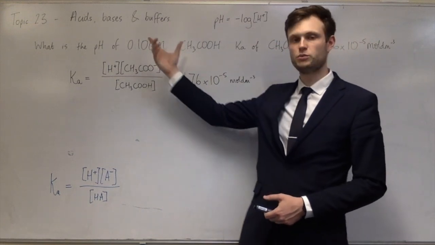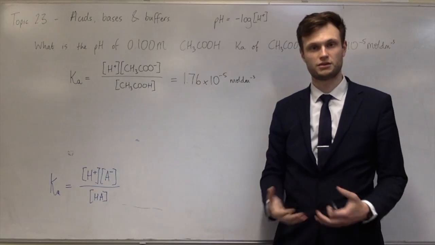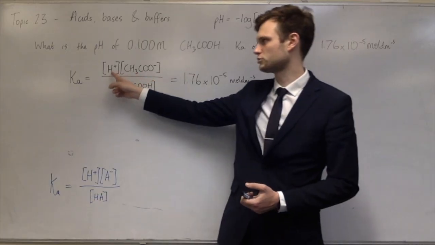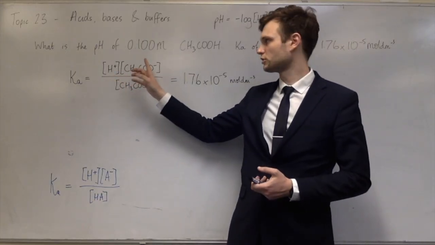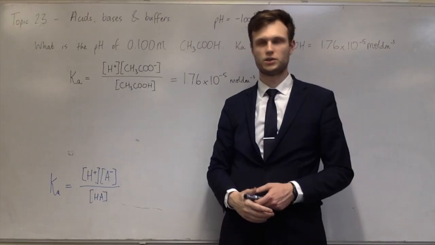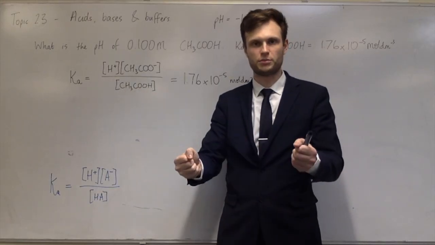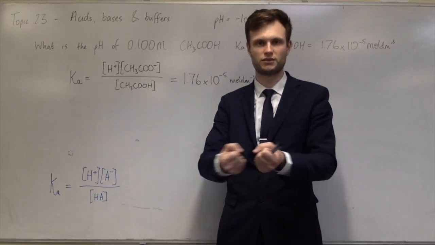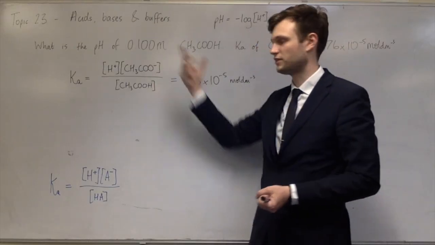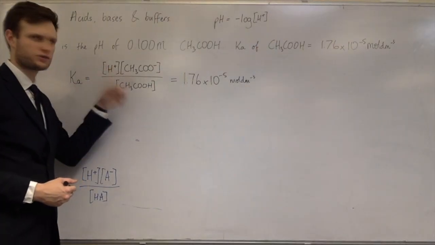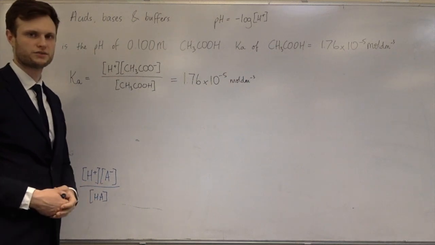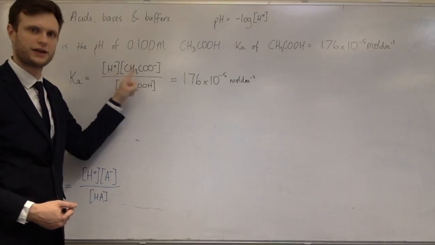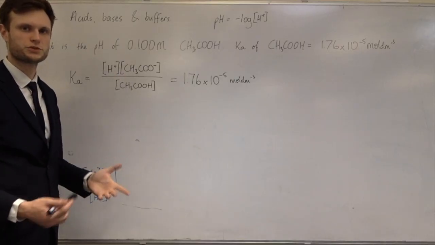Now, if we assume that there's only one thing in solution, and that's the ethanoic acid, because that's what they've said to us, then the same way as we did for water earlier, you can assume that the concentration of H plus is equal to the concentration of the negative ion, because for every one of these which splits up, it makes one H plus ion and one A minus ion. So those concentrations must be the same if this is the only thing in solution. And if H plus concentration and CH3COO minus concentration are the same, that means that I'm just multiplying H plus concentration by H plus concentration, which means H plus squared.